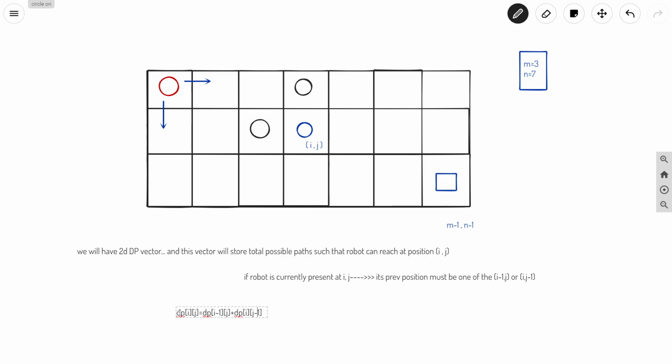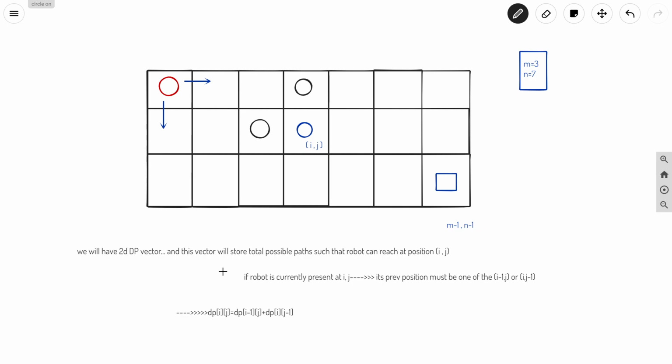So we will use this here. This is the main idea for this question: if a robot wants to reach point I comma j, the total number of possible paths to reach I comma j is the total number of possible paths to reach I minus 1 comma j plus the total number of possible paths to reach I comma j minus 1. So the summation of these two will be our answer.